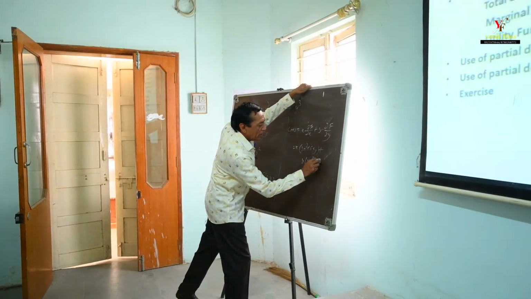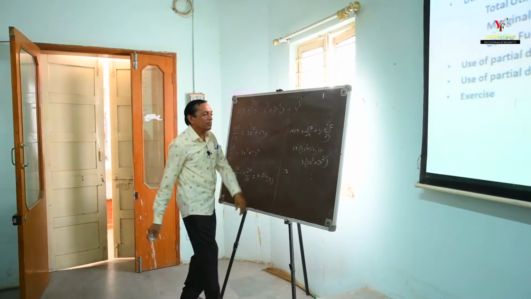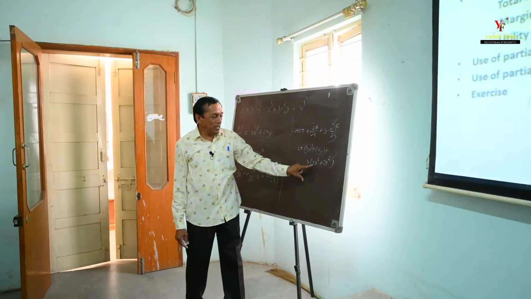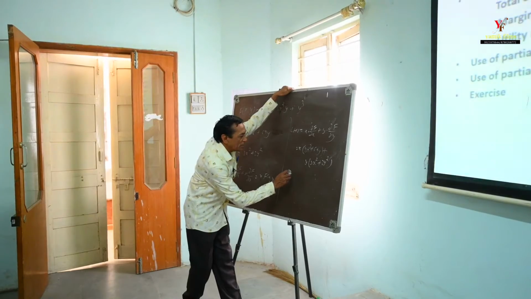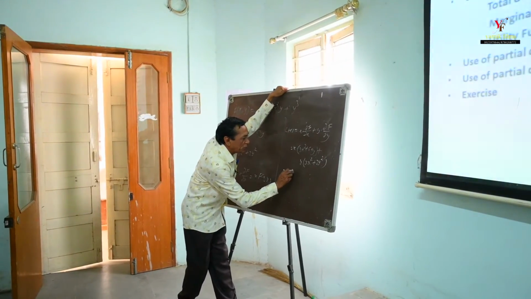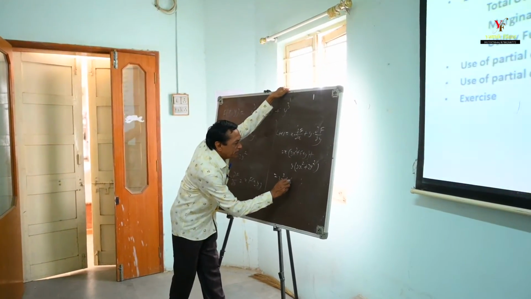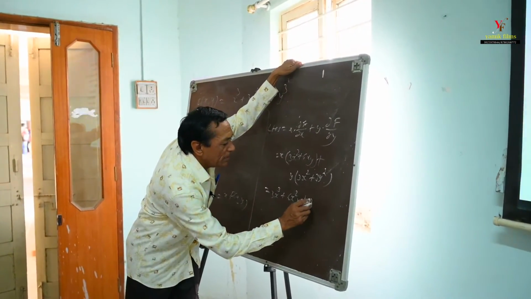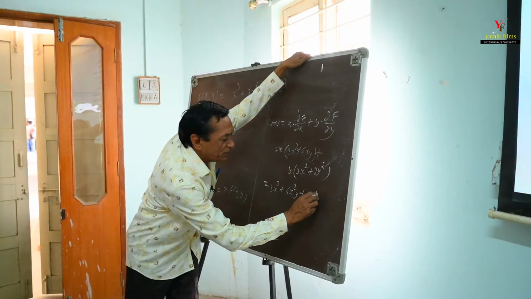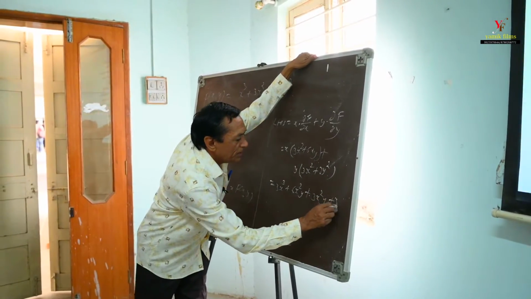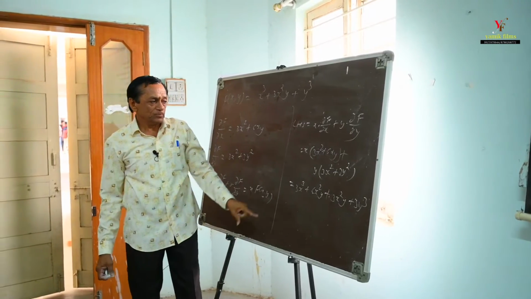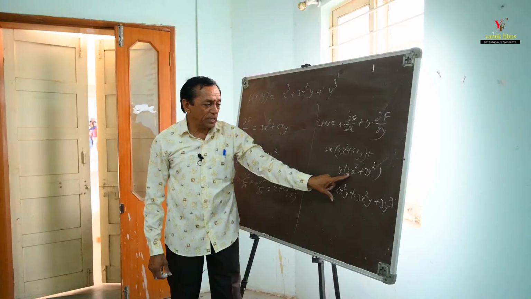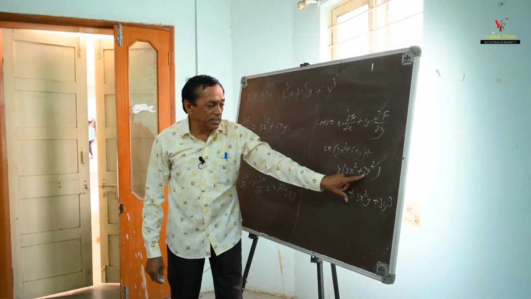Then the total is 3x cube plus 6x square y plus 3x square y plus 3y cube.